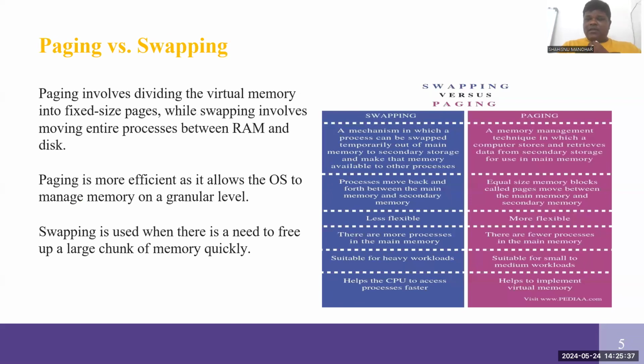Swapping is less flexible, paging is more flexible. In swapping, there are more processes in the main memory. In paging, there are fewer processes in the main memory. Swapping is suitable for heavy workloads. Paging is suitable for small and medium workloads. Swapping helps the CPU to access processes faster, whereas paging helps to implement virtual memory.